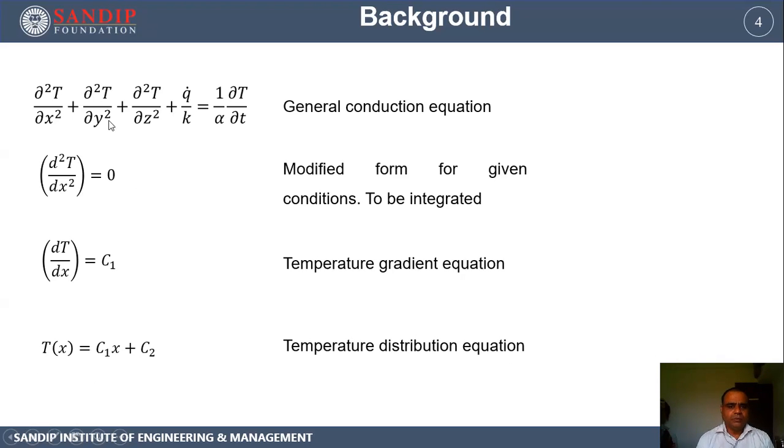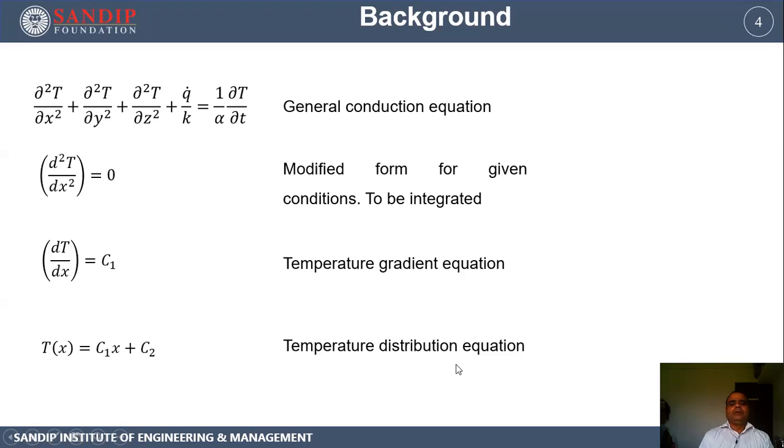Once again I'm going back to the first equation. This is the general form, the reduced form is the second equation. The third equation is the temperature gradient equation obtained after the first integration, and the fourth equation is from the second integration, resulting in the temperature distribution equation.